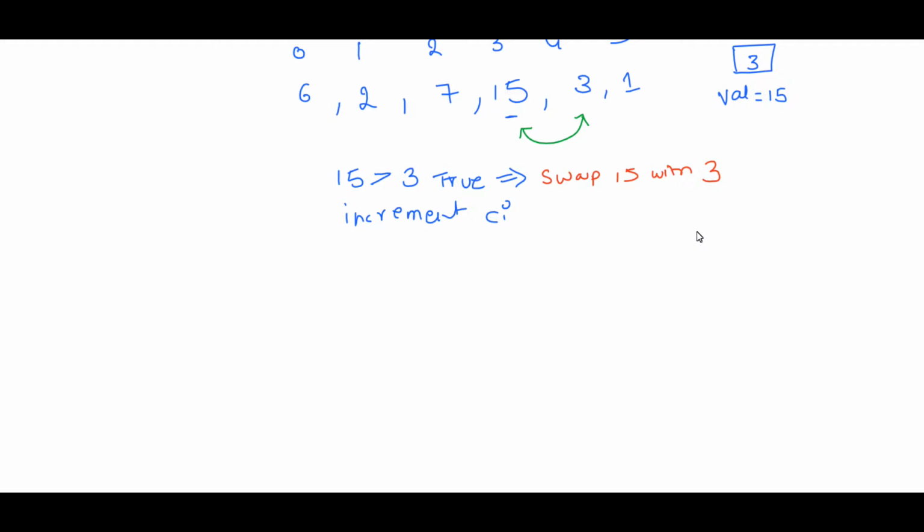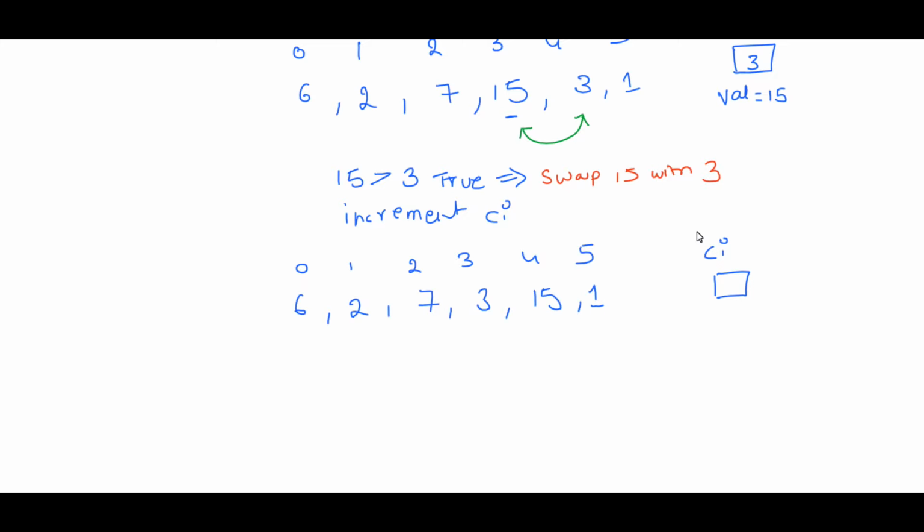So this is what we end up with: 0, 1, 2, 3, 4, 5, 6, 2, 7. One mistake. Let's fix that: 3, 15, and 1.